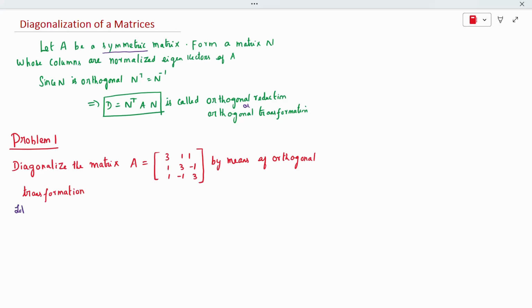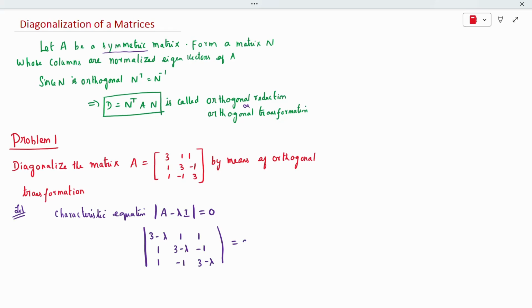So first step, I will be writing the characteristic equation: determinant of A minus lambda I equal to 0. So the determinant of the matrix with rows 3 minus lambda, 1, 1; 1, 3 minus lambda, minus 1; 1, minus 1, 3 minus lambda equals 0.